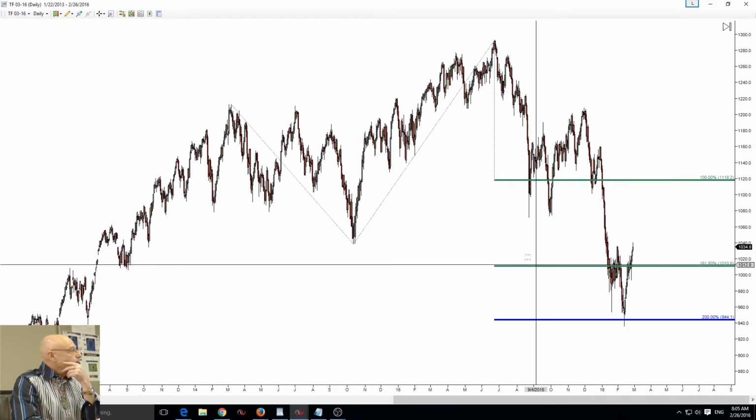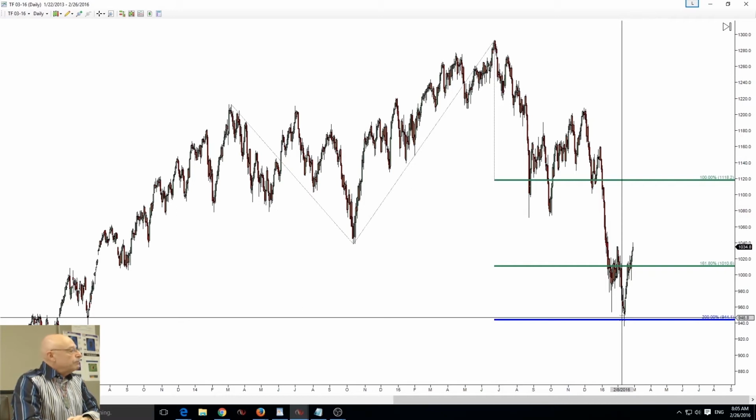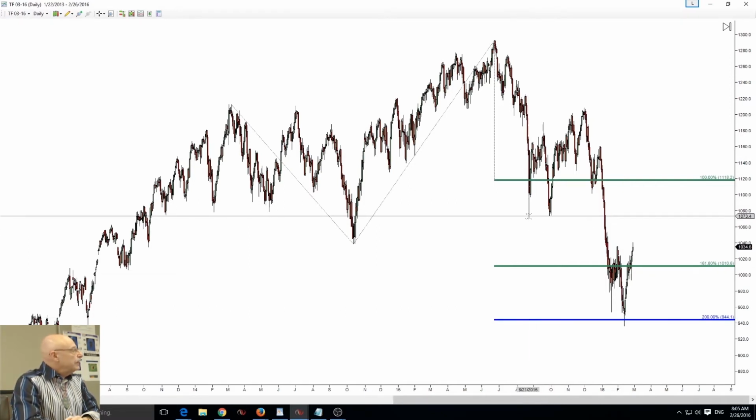Okay, so again, from that one-on-one pattern decline from here to here and projected from here, we have 200%. We came to low, but we broke it in a big way here.